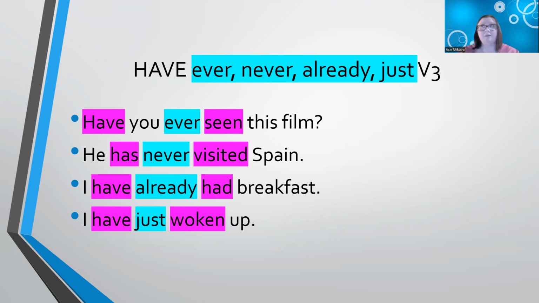Of course, they do not always show us that it's present perfect, and we can use them in past perfect, in present simple, in past simple, but in 70% maybe we use these words in present perfect. Let's start with the first group. Ever, never, already, and just. Pay attention. We use them between have or has and the third form.